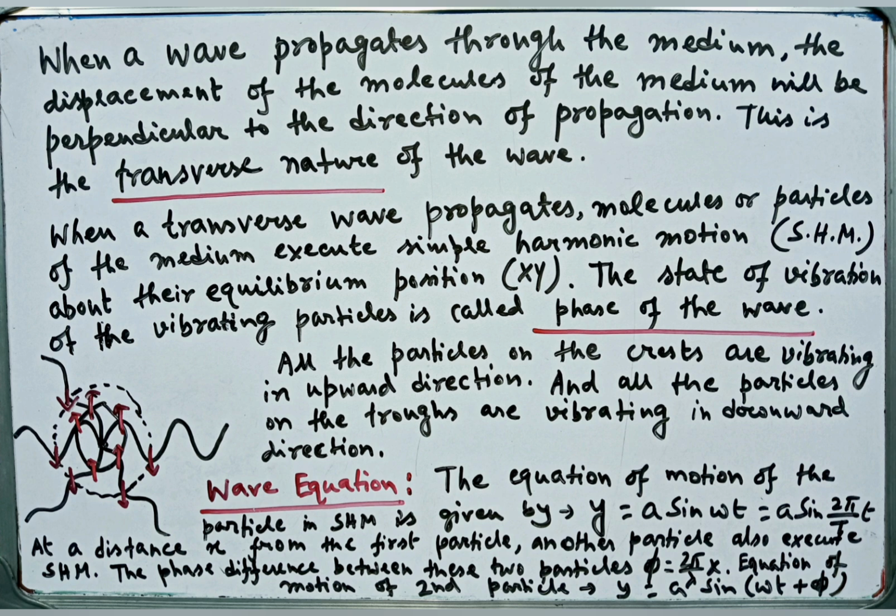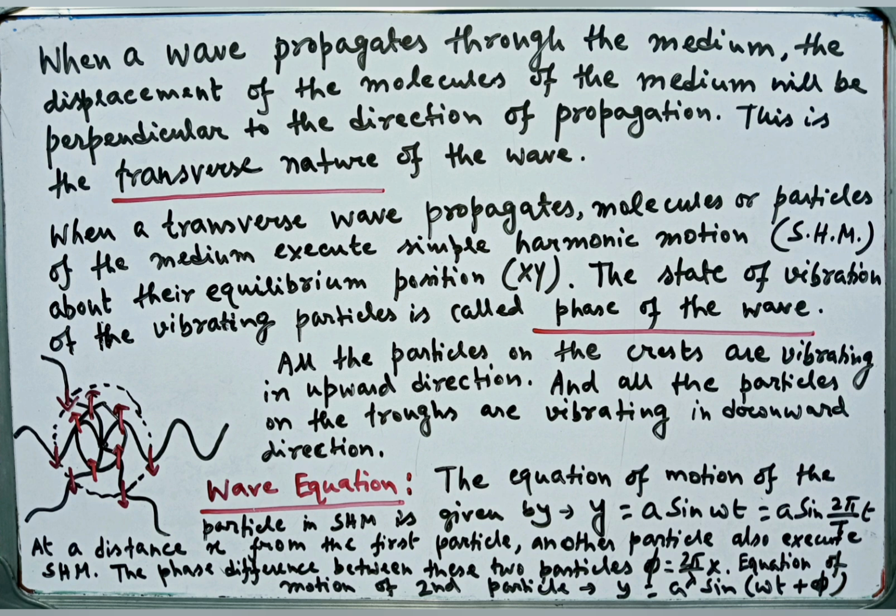So if we connect the locus of all the points in crest and trough, we basically get some circles. These circles are nothing but the wave fronts here. Okay, so that we will discuss in the next lecture in detail.